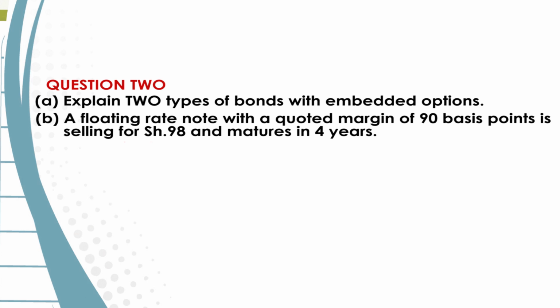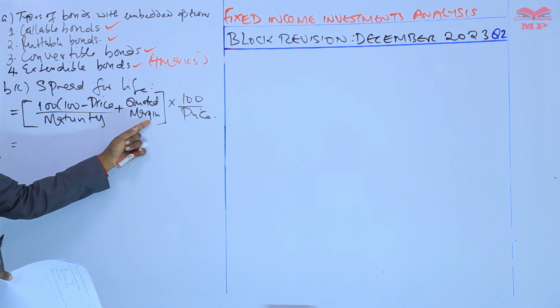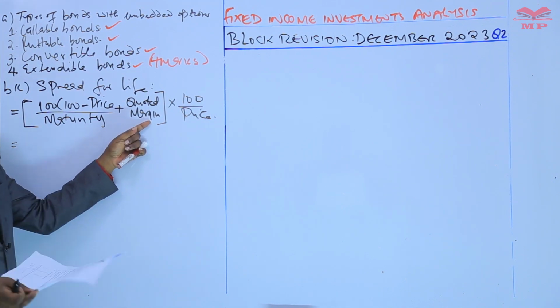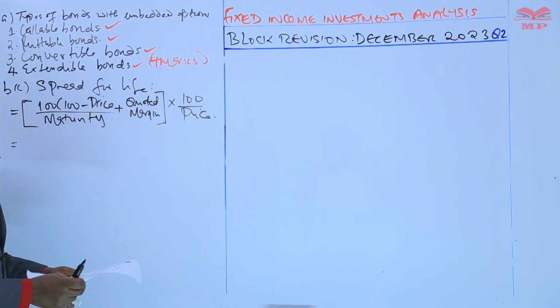That is the quoted margin. I can read it. It says a floating rate note with a quoted margin of 90. So the quoted margin here is 90 basis points. Then this price is the same as this other price. So candidates, you can see we have all the inputs provided.